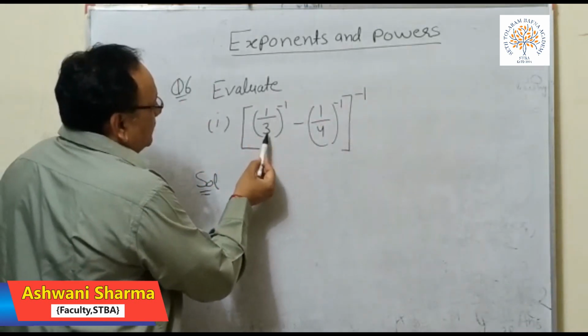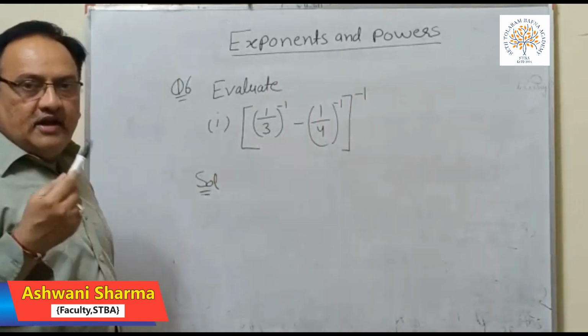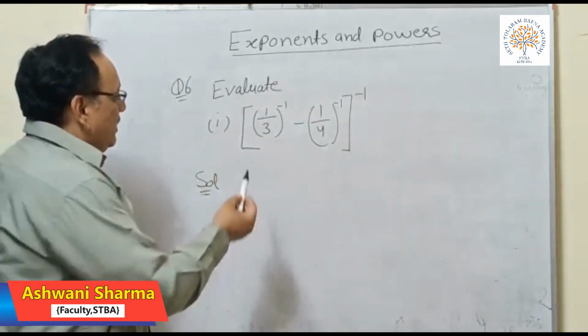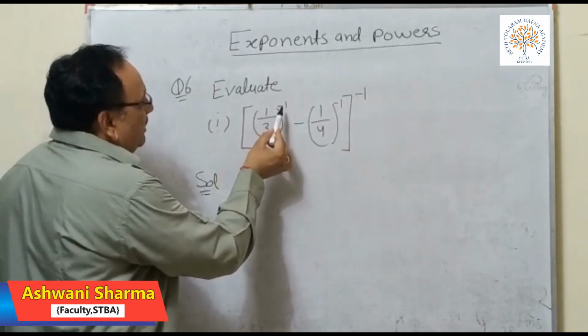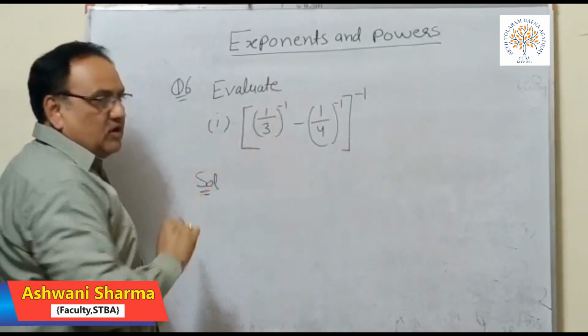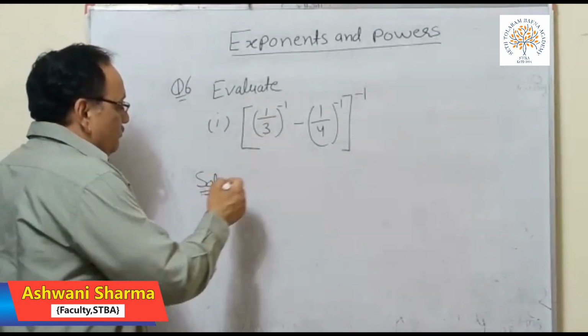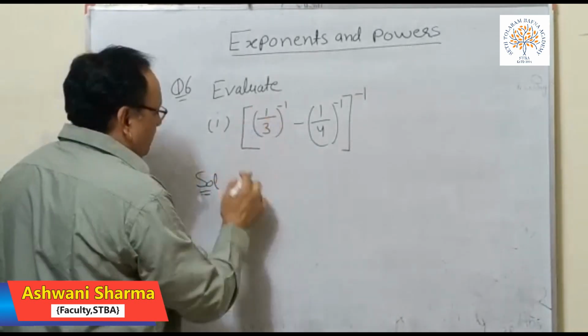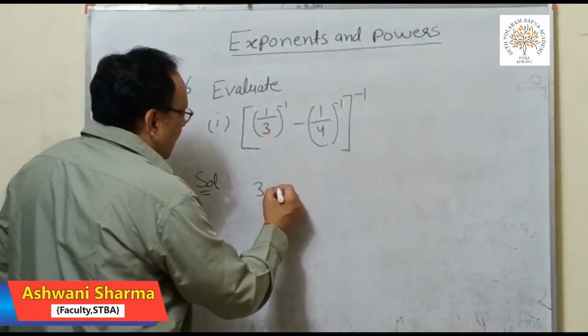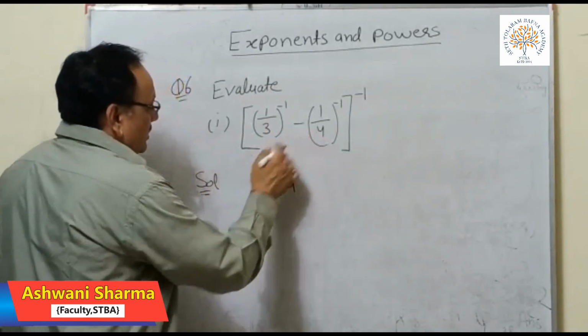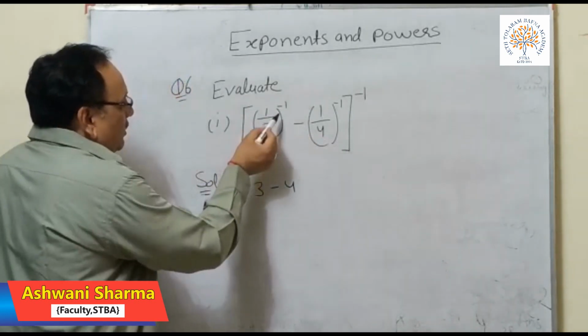First, I had already told you, when we change the numerator and denominator, the sign of the power will be changed. Then we bring the 3 up, 3 minus 4, because the power is 1.